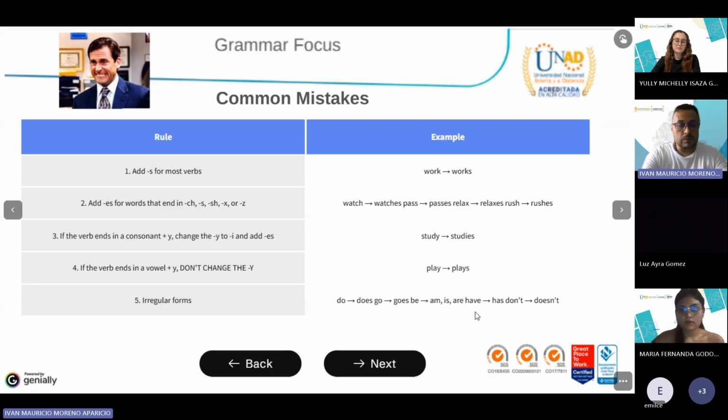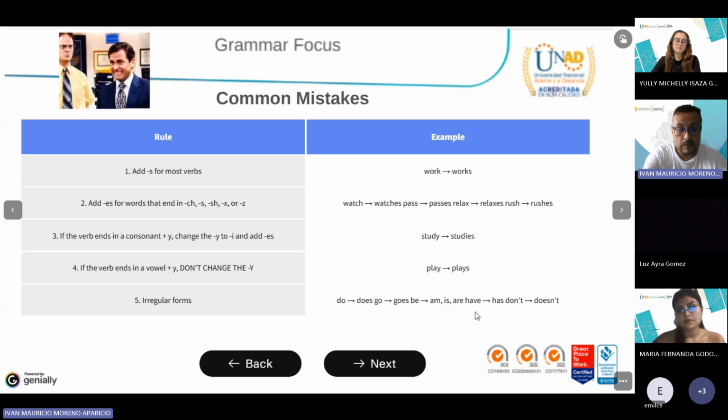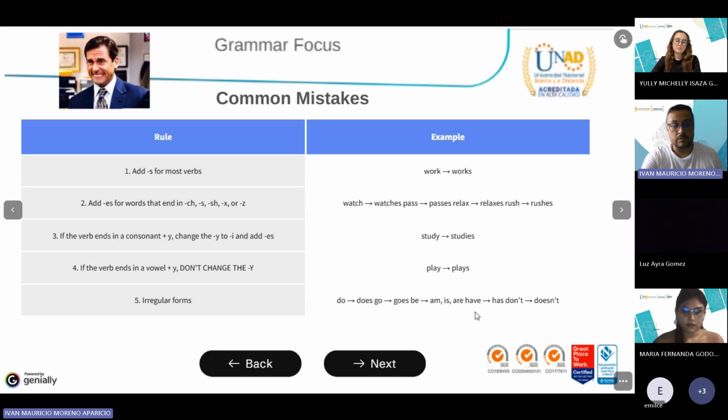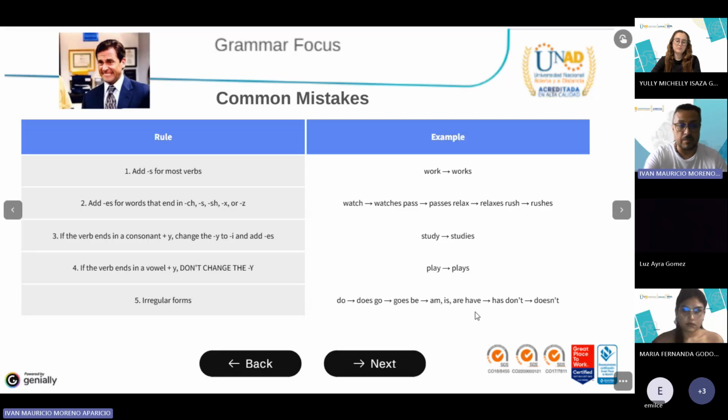Okay, these rules are for affirmative sentences, third person singular, like he, she, it, or Carlos, Maria, Luis, the dog, the computer. If the verb ends in consonant plus Y, the consonants, all the letters that are different from the vowels, you change the Y to I, and then you add ES.